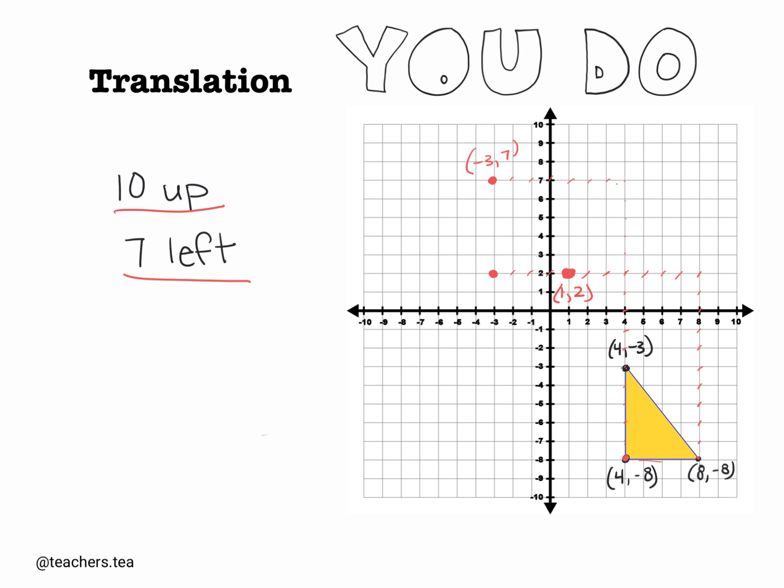I forgot to label the other coordinate, and it's -3, 2. Now all we need to do is use our rulers and connect the lines. Sorry, mine's not perfect. Trying to go quickly for you so you don't have to have the video on forever. There we go. How did you do? Enjoy creating translations.